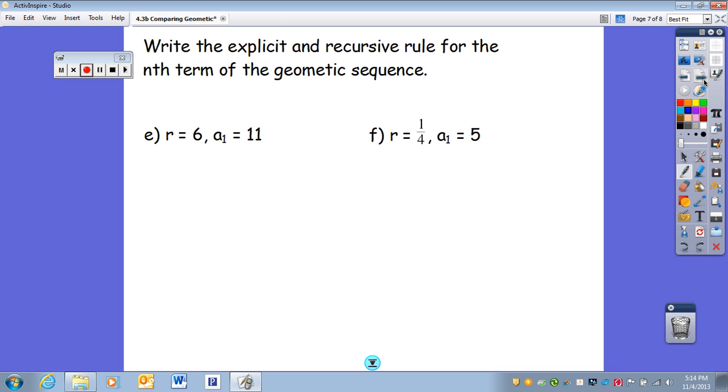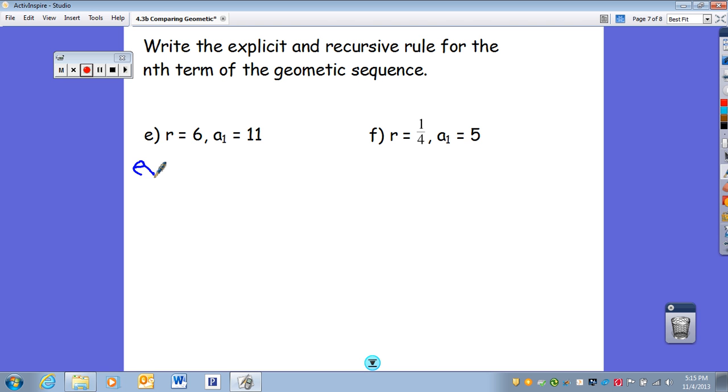So now, if I give the information, I want you to be able to write both rules. So for the explicit rule, remember that the explicit rule is a sub n, and that equals a sub 1, or our first term, times our rate to the n minus 1 power.